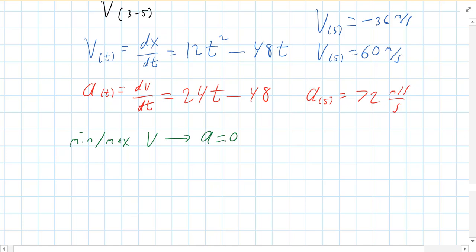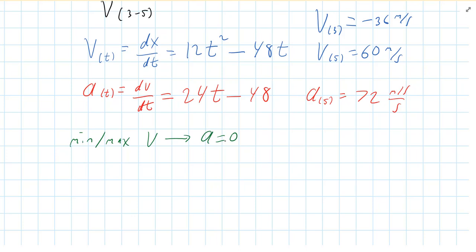In other words, you've reached a min or max velocity when you are done accelerating. Think about driving your car for a minute. If you're speeding up and then you reach your max velocity of, whatever, 60 miles per hour, that means your acceleration at that point is 0. You're done accelerating.